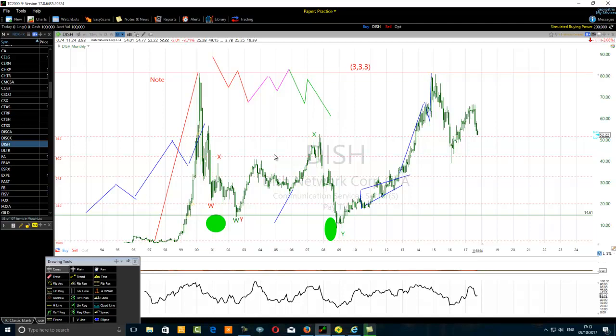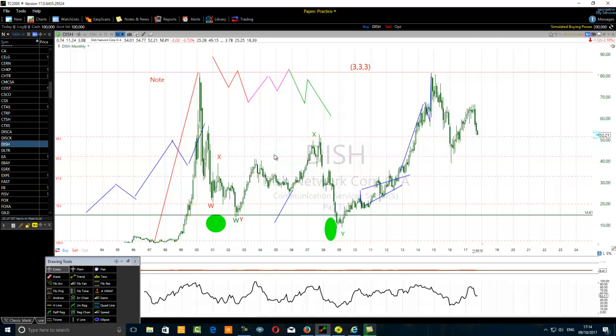When the WXY is completed, check the Fibonacci zone, the 78.6% level, or the zone between the 50% and 61.8% level. Draw your trend line. Pay attention to the price action itself, all right? And then implement a top-down trading method to trade it.